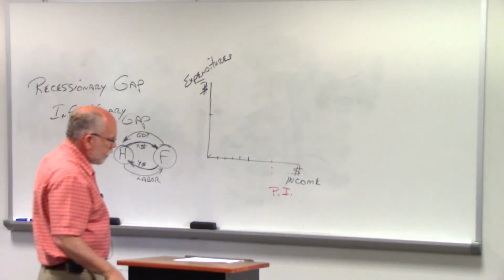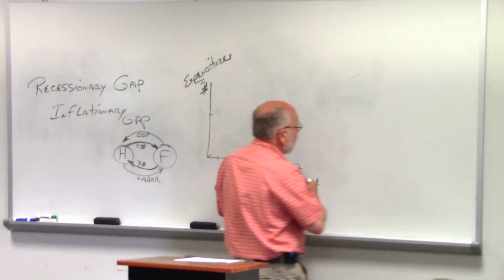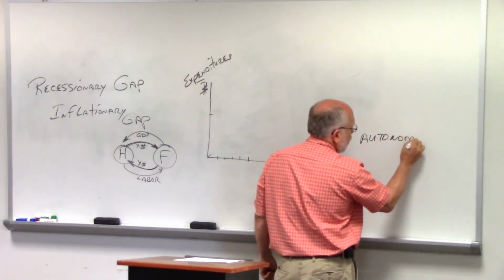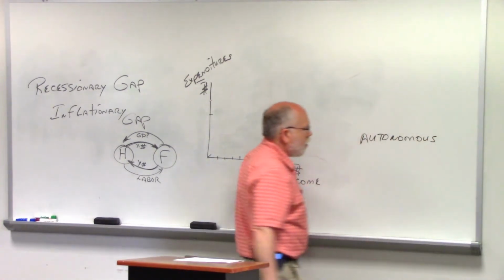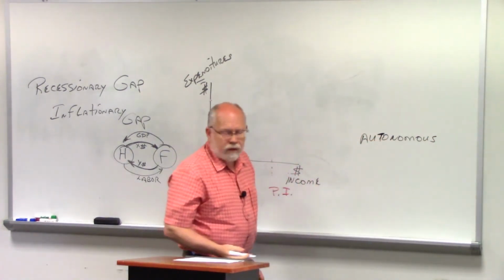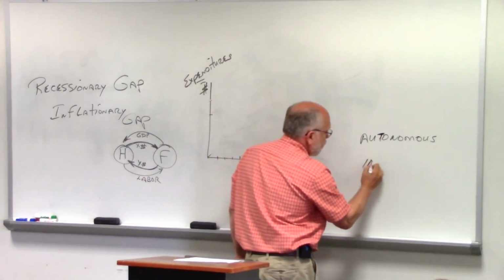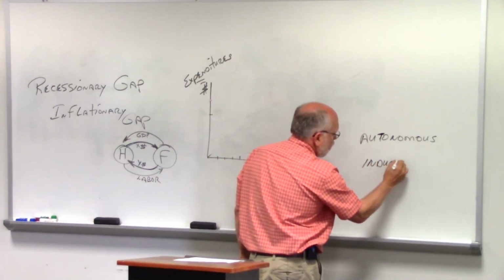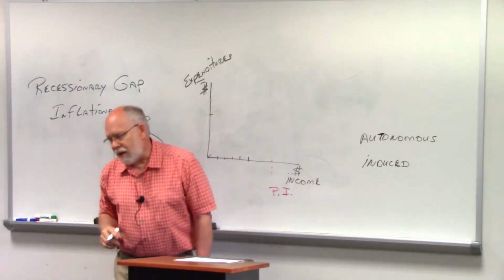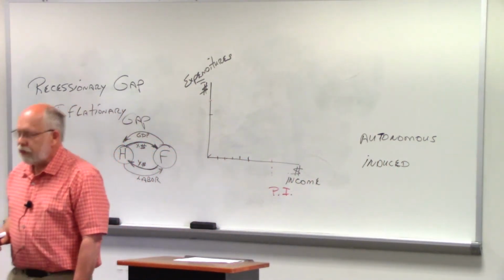The first one he called autonomous. Autonomous expenditures. And the other kind of expenditures he called induced. Induced expenditures. Now, what do we mean by autonomous expenditures and induced expenditures?